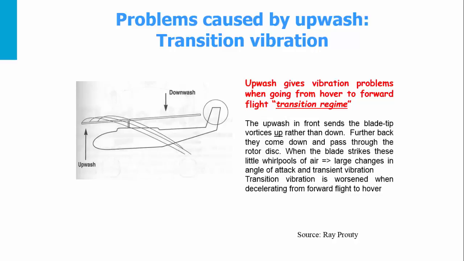Further back they will come down in the rotor, and when the blade strikes these little vortices, it will find a large change in angle of attack and then create transient vibration. When we are decelerating from forward flight to hover, this transient transition vibration is even worse.